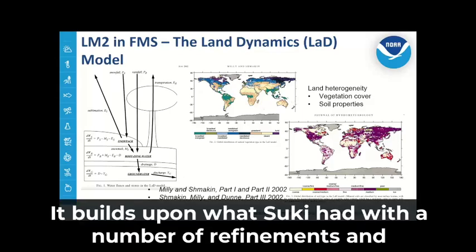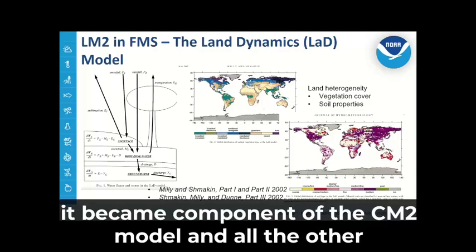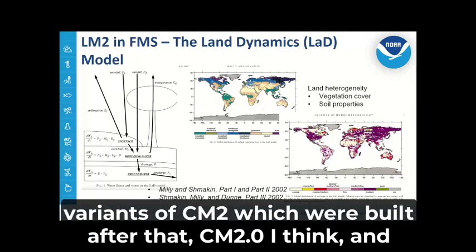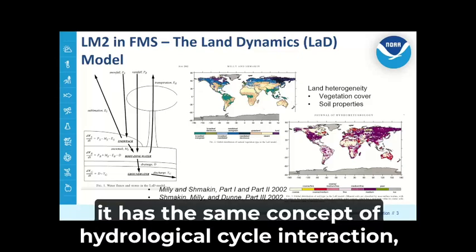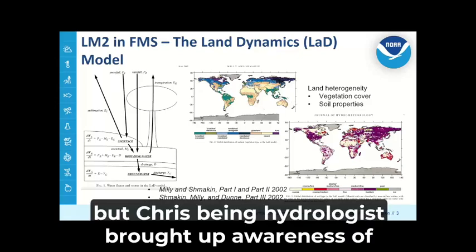It built upon what Suki had with a number of refinements, and it became a component of the SM2 model and all the other variants of SM2 which were built after that, SM 2.0, I think.